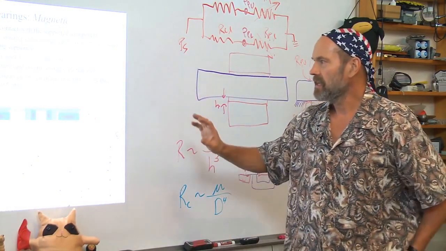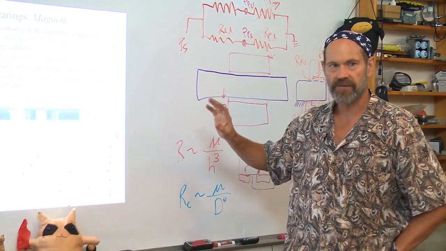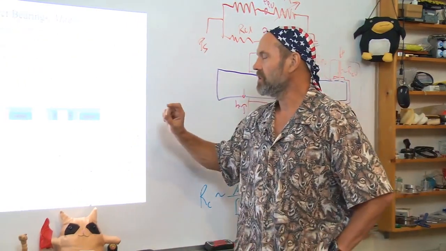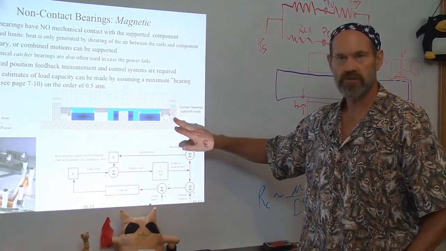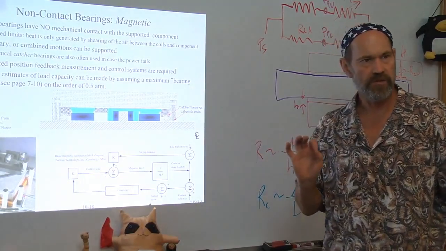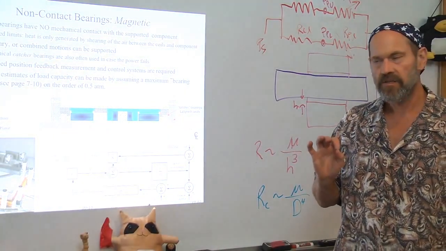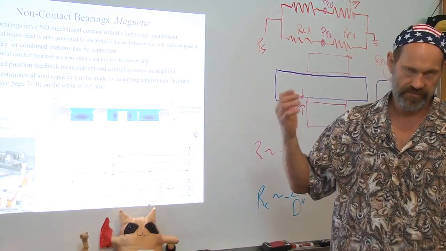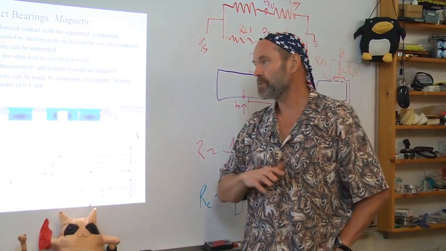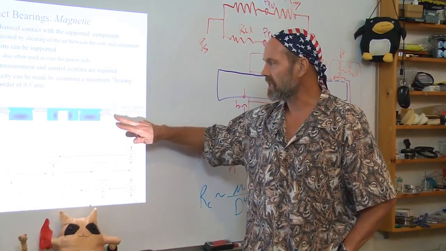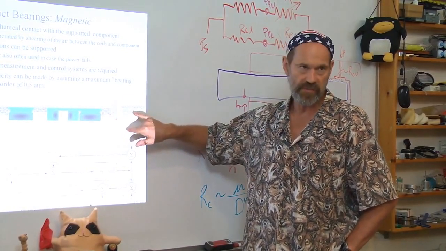But the principle of magnetic bearings, like hydrostatic bearings, mean that you can have no physical mechanical contact between structures. And when you have no physical mechanical contact, just a fluid layer, either from the fluid being hydrostatic or hydrodynamic, or the absence of all fluid and still having a gap, which is what you could do with magnetic bearings.